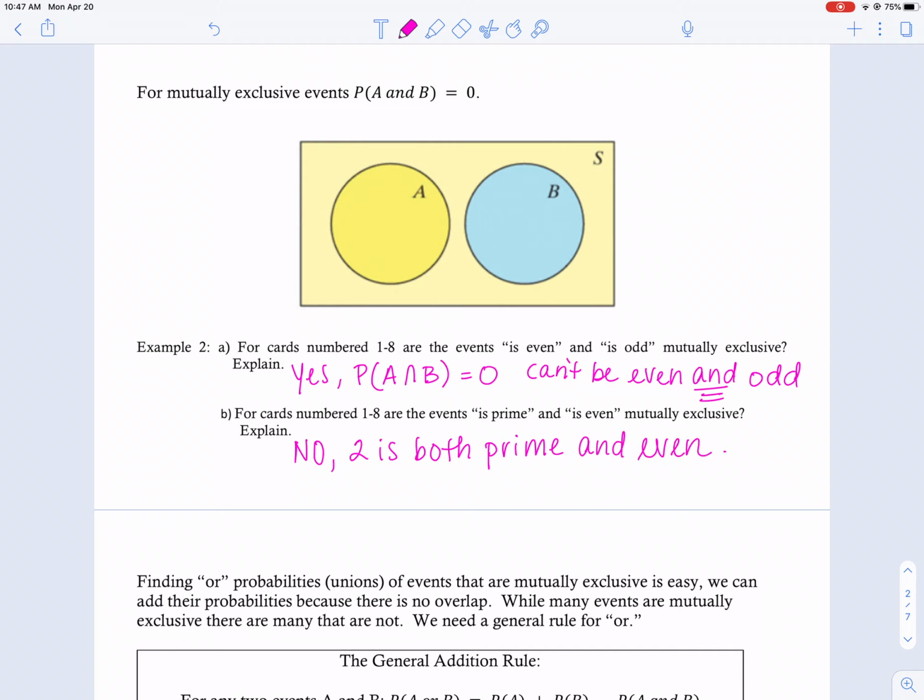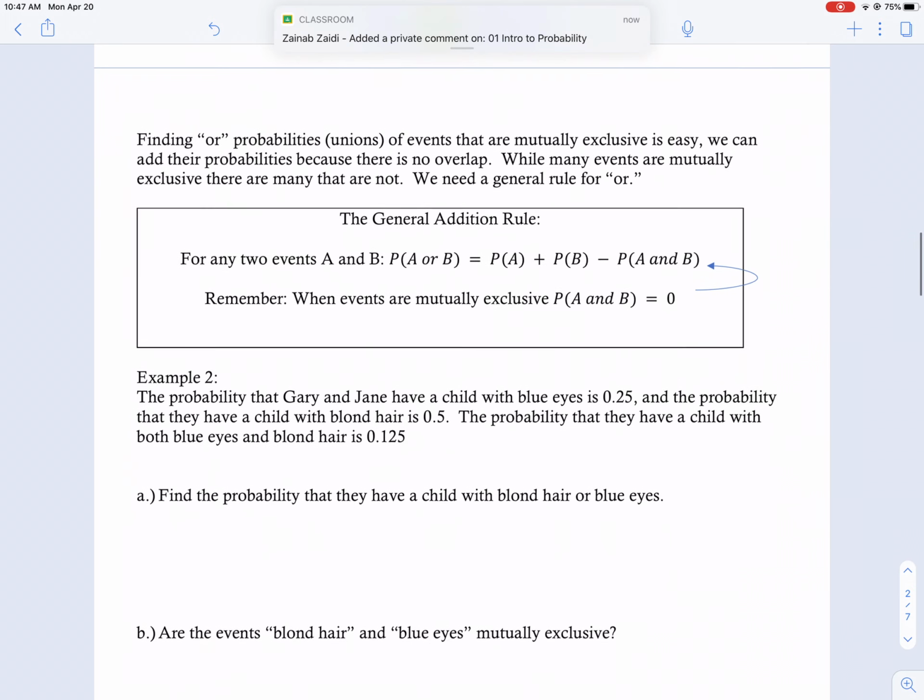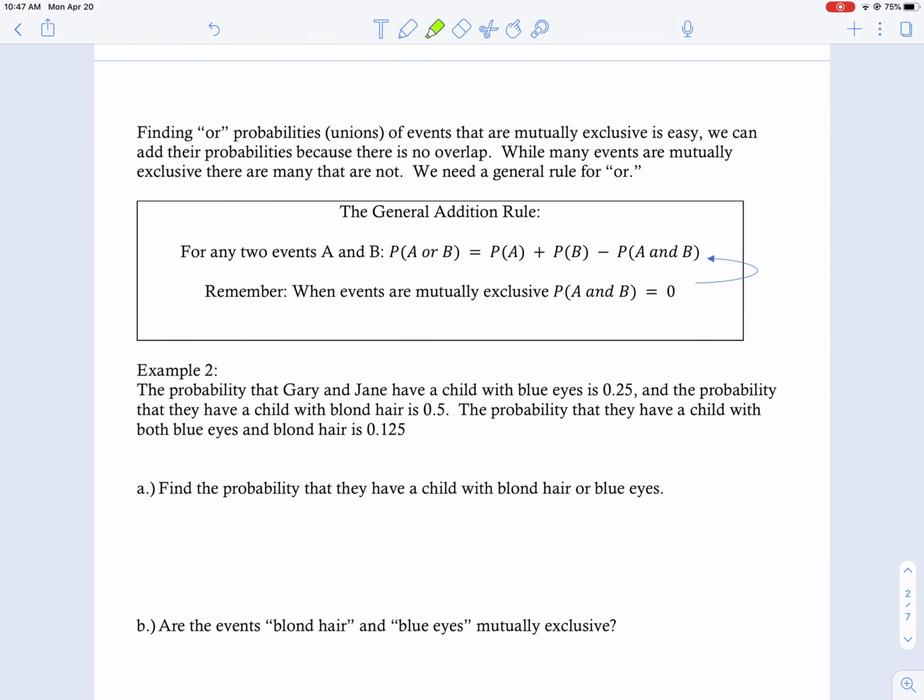So understand even and odd are mutually exclusive, but prime and even are not mutually exclusive. Okay, so this next little rule is going to be really important. In the next rule, we're going to be finding probabilities.